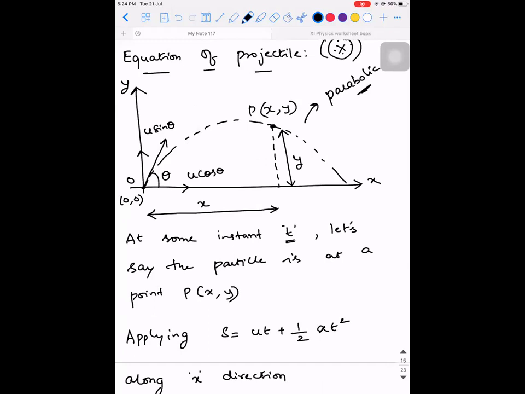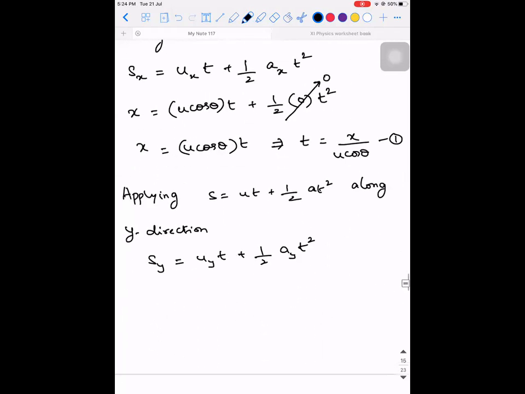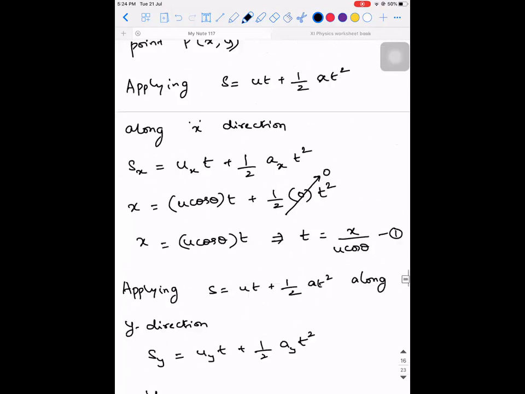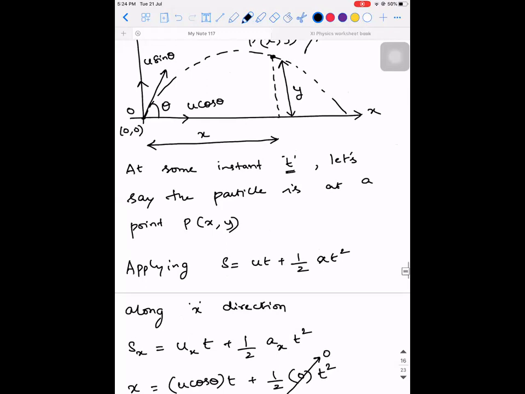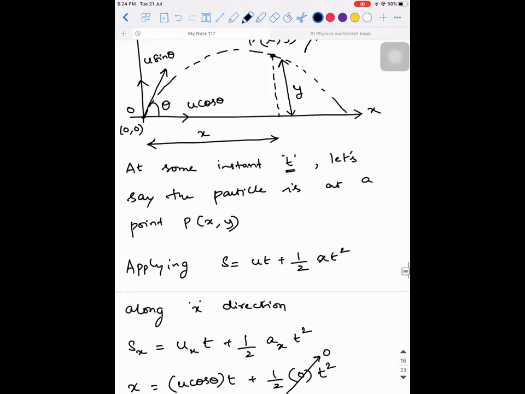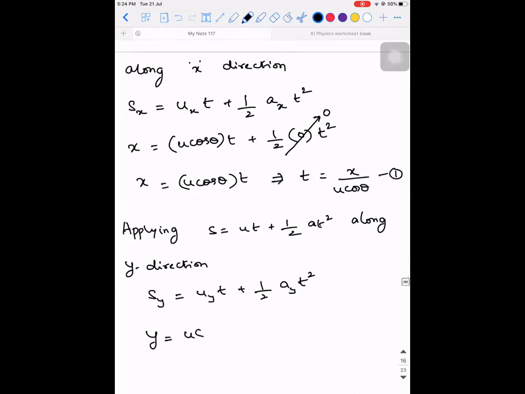It is y. Y is equal to the initial velocity along the y direction, u sin theta, into t plus half into the acceleration along the y direction, which is minus g, into t square.